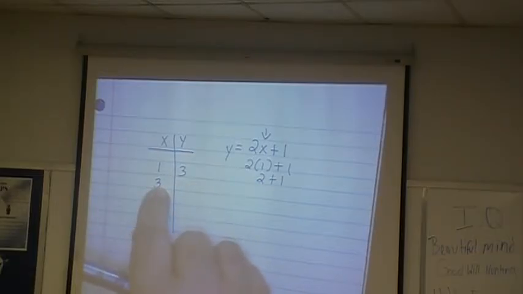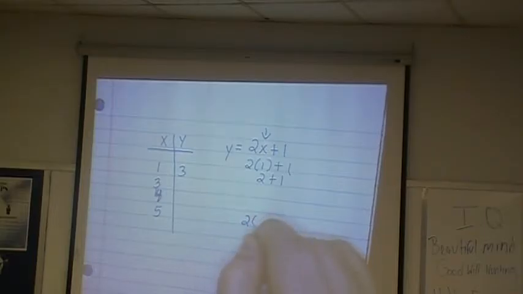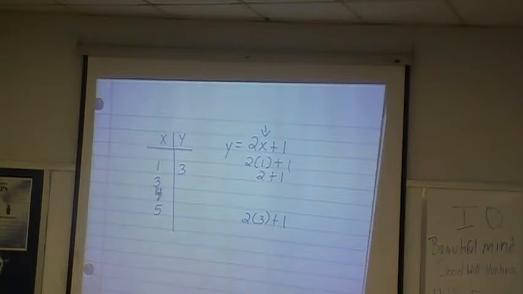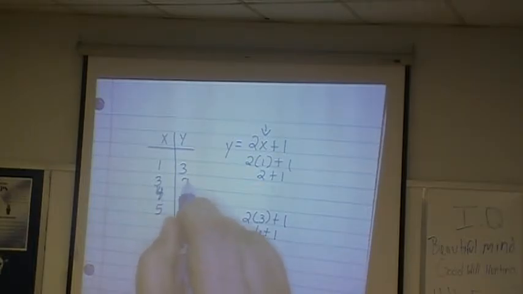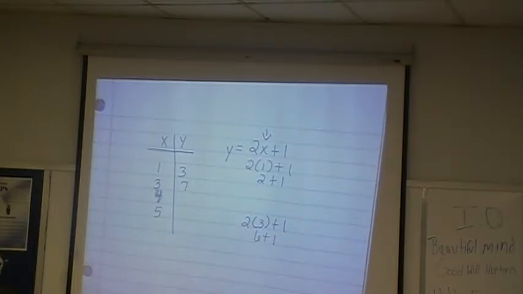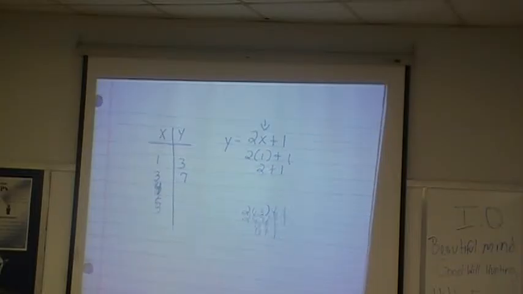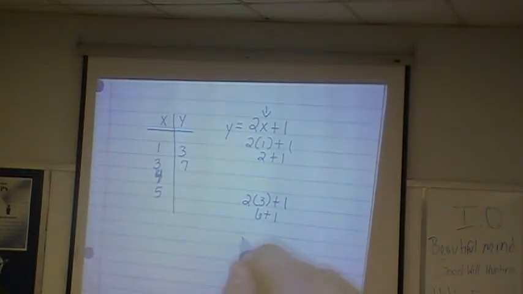Alright, so now it says, okay, x is 3. Well, I'm going to put 3 where the x is, and I'm going to do what it says. 2 times 3 is what? 6 plus 1 is what? 7. So when x is 3, y is 7. So now it says, all right, x is 4.